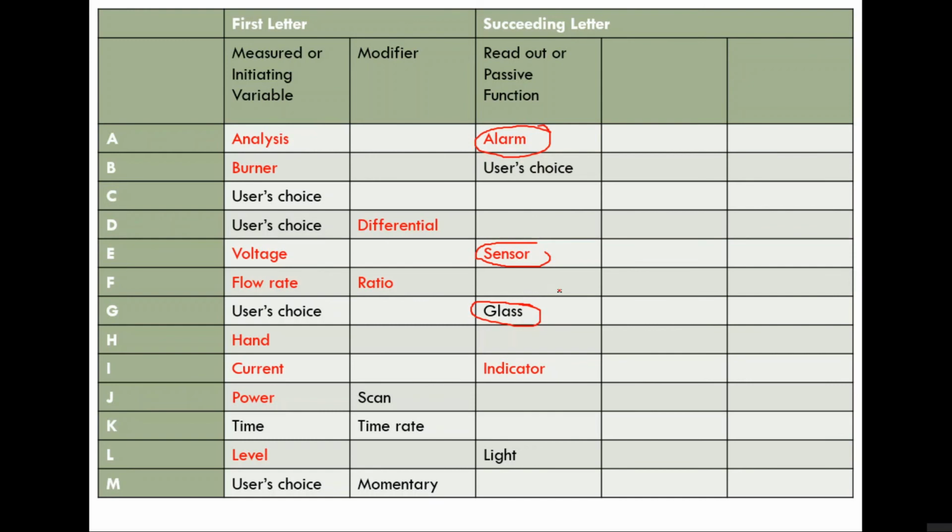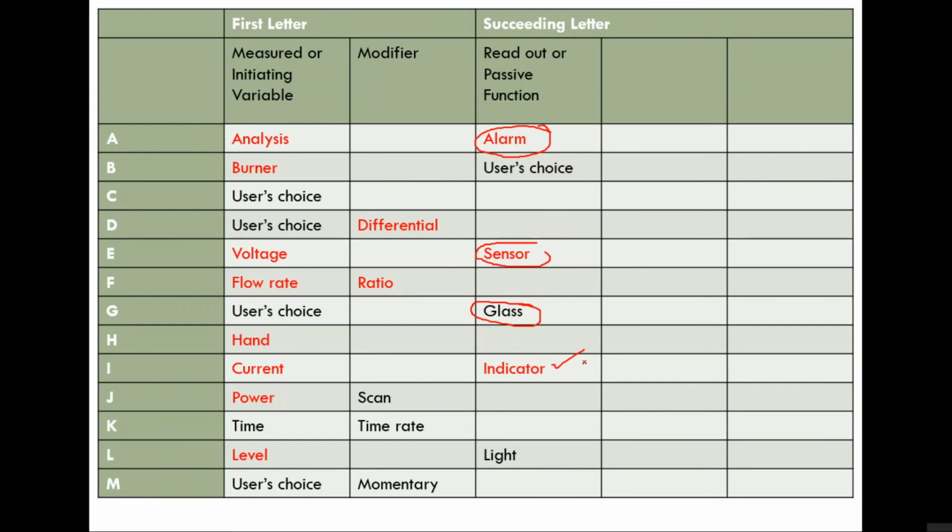So G means glass. Please note A is important, A for alarm, E is important, E for sensor, and the third important one is indicator, I for indicator. We already mentioned the TIC, where I is for indicator.